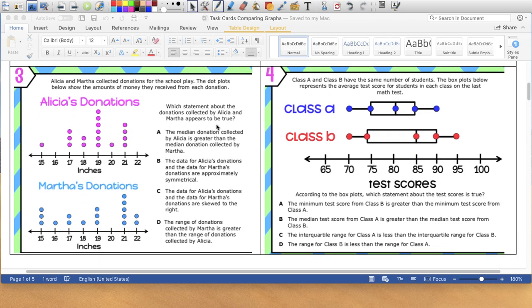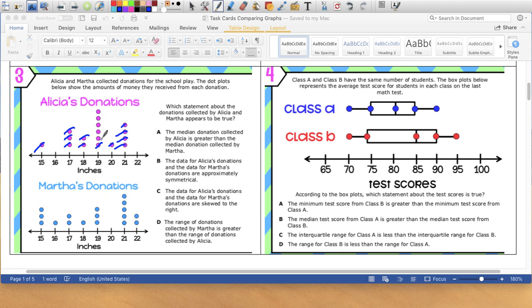Number 3 says, looking at the dot plots, which statement about the donations collected by Alicia appears to be true. Okay, so the median donation collected by Alicia is greater than the median by Martha. So you can quickly do this.